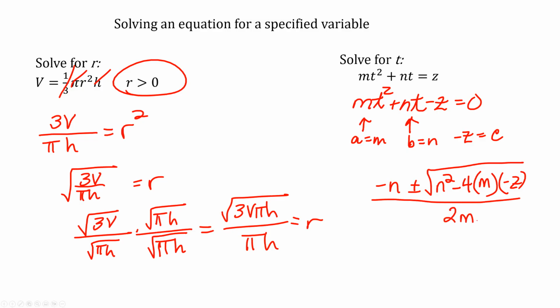I know it gets confusing because now we're saying m is a, b is n. It's just kind of weird, but this is how it works out. So negative n plus or minus the square root of n squared plus 4mz, and that's all over 2m. And really, you can't make this look any better than that. That's about as reduced as you can get it.